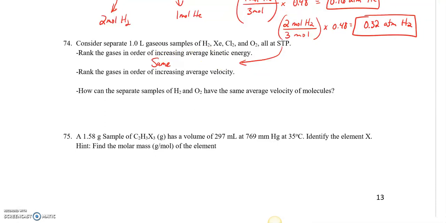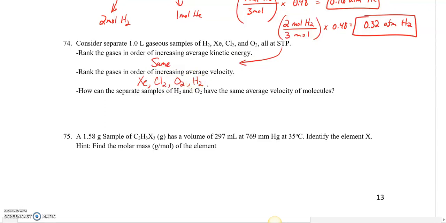Well, the faster molecules are going to be the lighter ones. So hydrogen is going to be the fastest, xenon being the heaviest is going to be the slowest, followed by chlorine that has a molar mass of 70, oxygen that has a molar mass of 32, and hydrogen that has a molar mass of about 2.